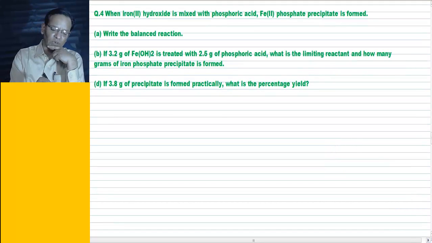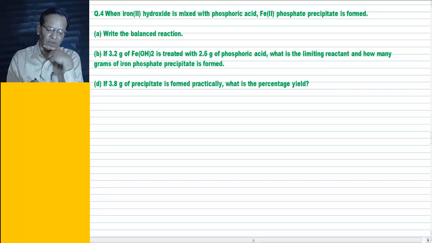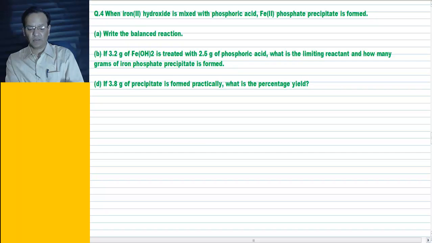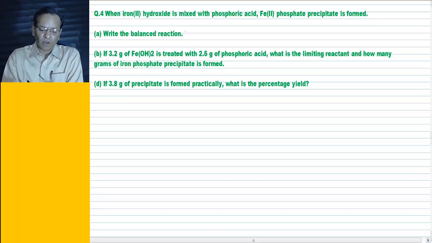So let us try one more situation on limiting reactant. The question is when ferrous hydroxide is mixed with phosphoric acid, phosphate precipitate is formed. First is write the balanced reaction.